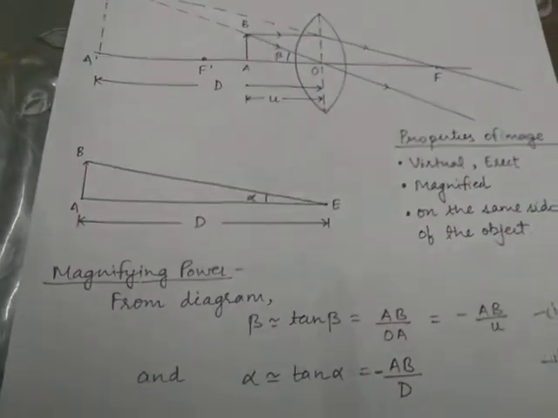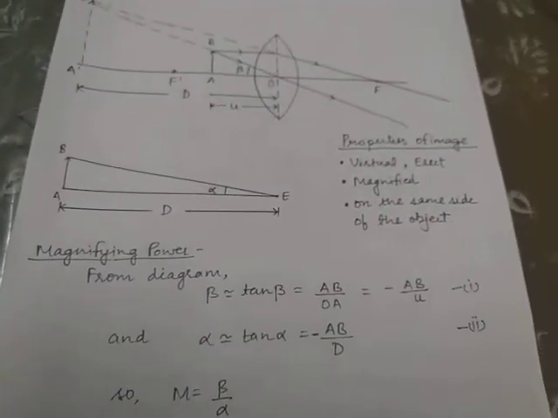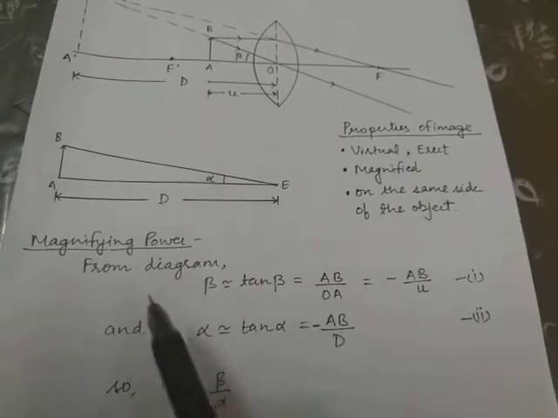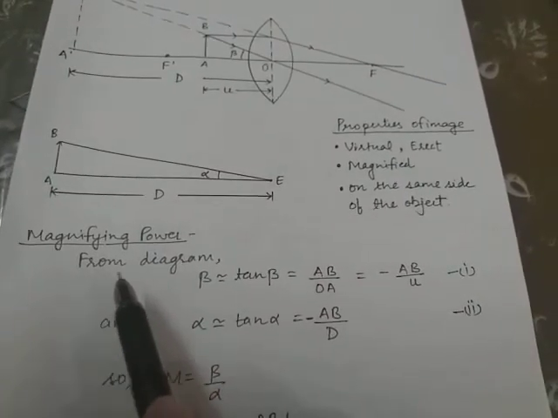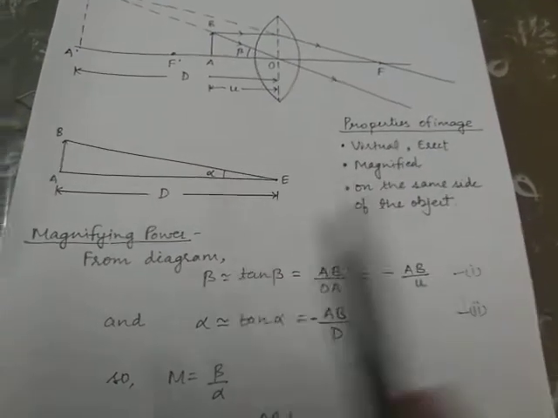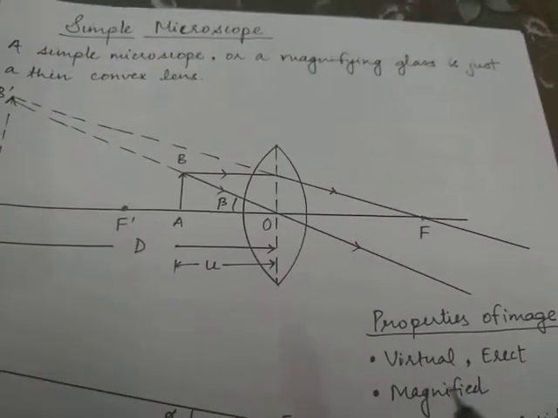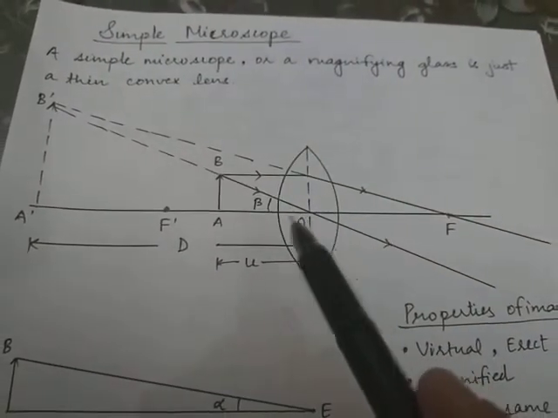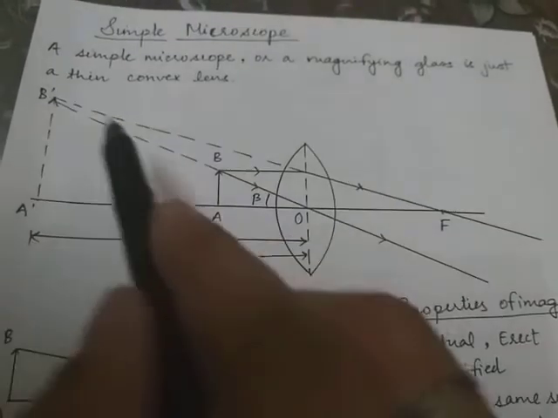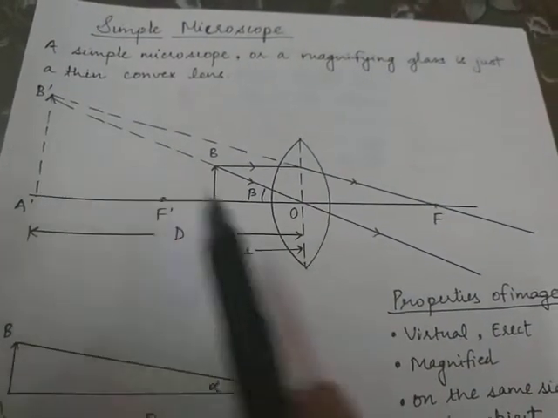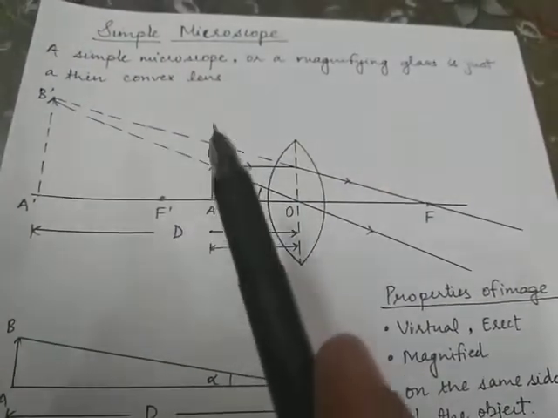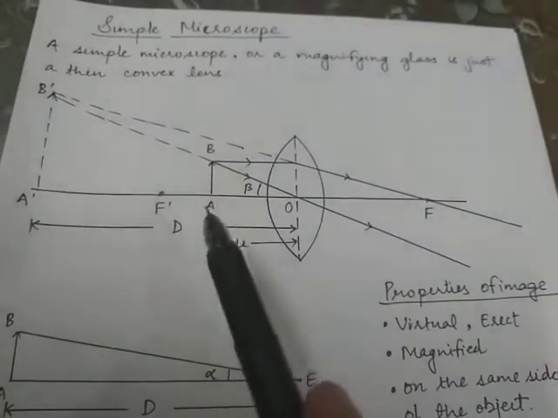Now we have to derive the expression of magnifying power of the simple microscope. So starting the derivation, it is from the diagram, beta. Beta is almost equal to tan beta, and we can determine the value of tan beta from triangle A'B'O and also from ABO. So we are determining from ABO.